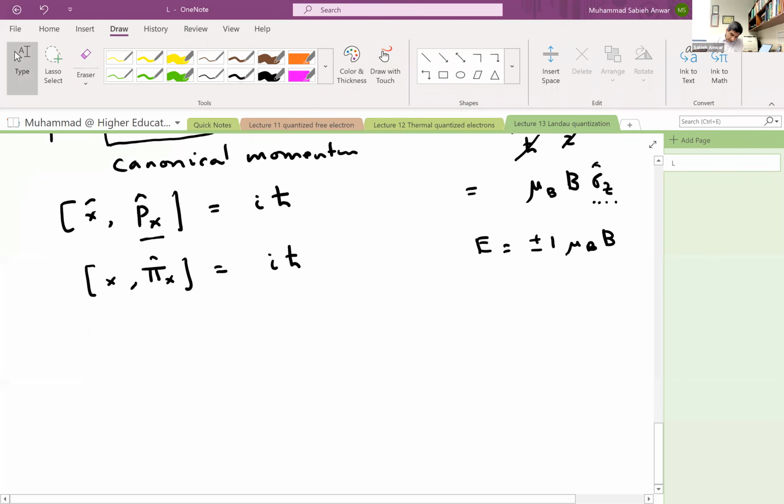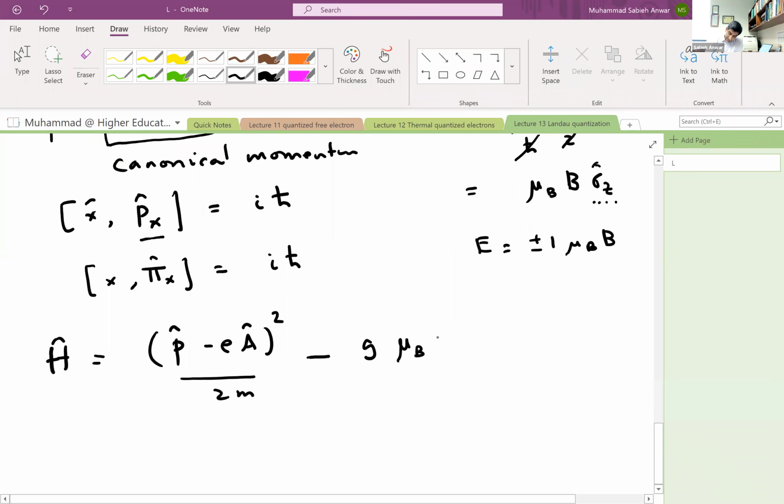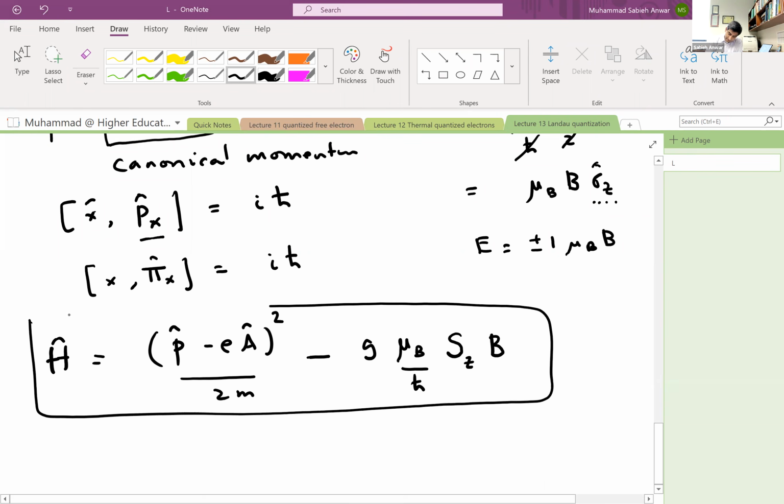Okay, so now our Hamiltonian becomes (P minus eA) squared over 2m plus g mu B over h bar S. I could put a Z here just because B is pointing in the direction of the magnetic field. Now this is my Hamiltonian.